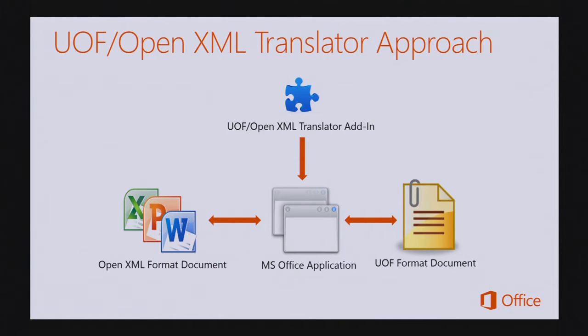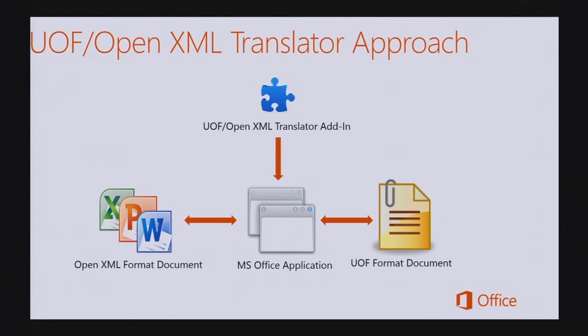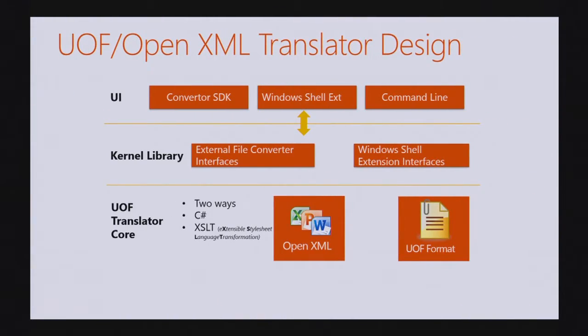So these two kinds of file formats can translate to each other. Both Office clients can understand the file format, and they could read and write. Okay. With this idea, here shows the design of the tool, of the translator.